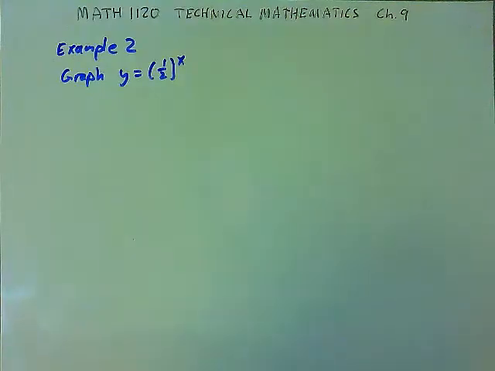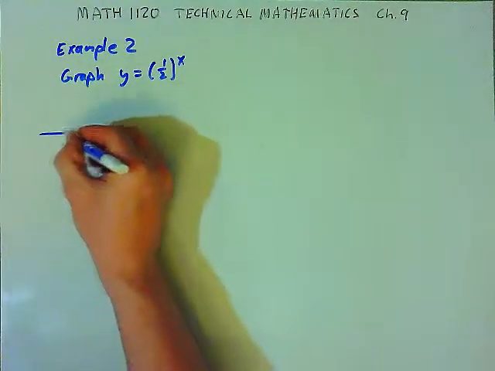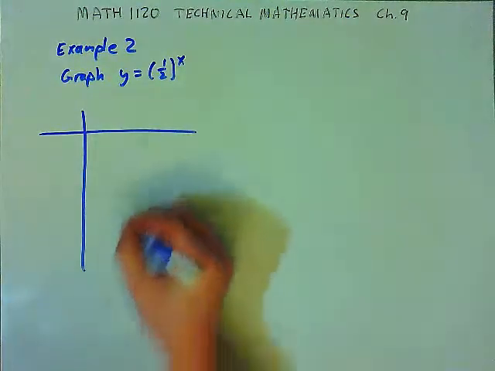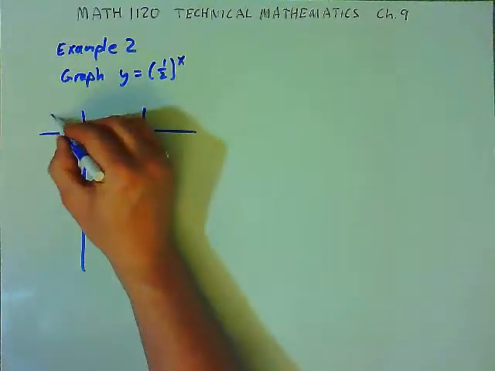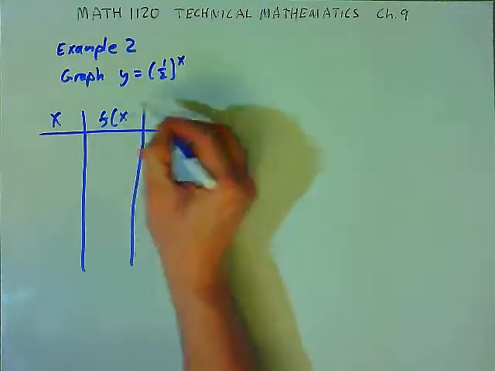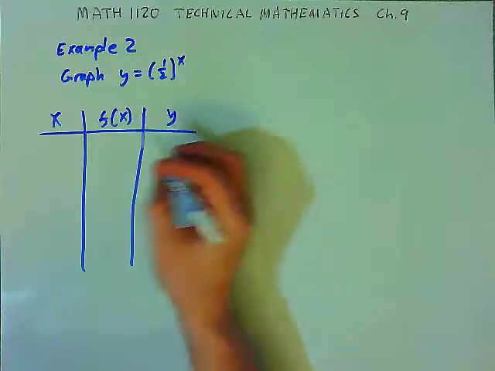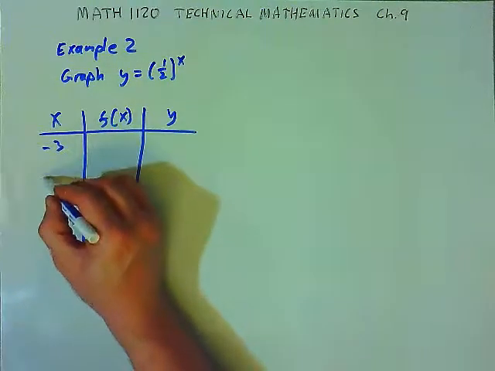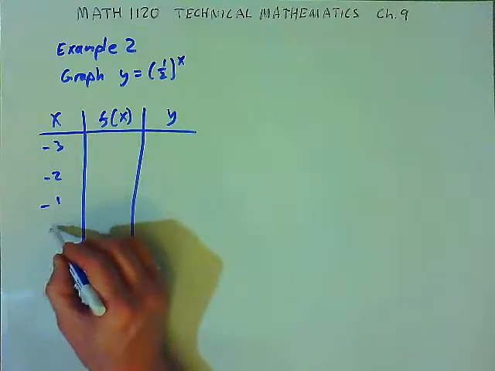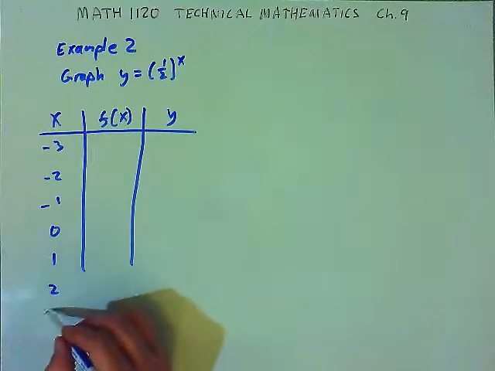This is example 2. It says graph y equals 1/2 to the x power. And again, they want us to do this by plotting points. And so we'll do the same thing again. We'll have values for x, we'll have a function of x, and we will have values for y. X can be negative 3, negative 2, negative 1, 0, 1, 2, and 3.